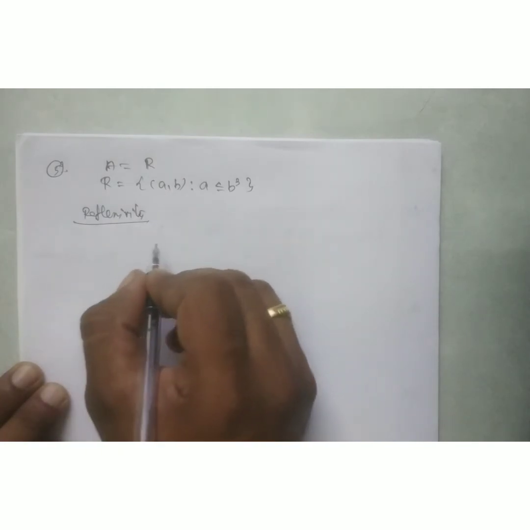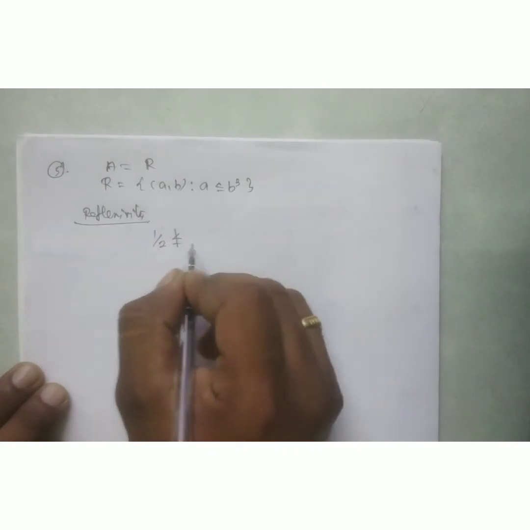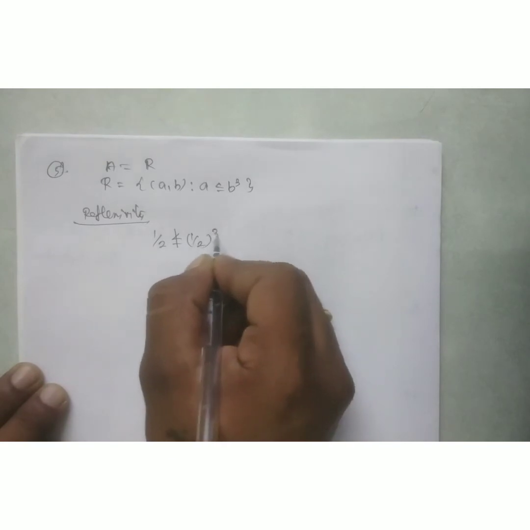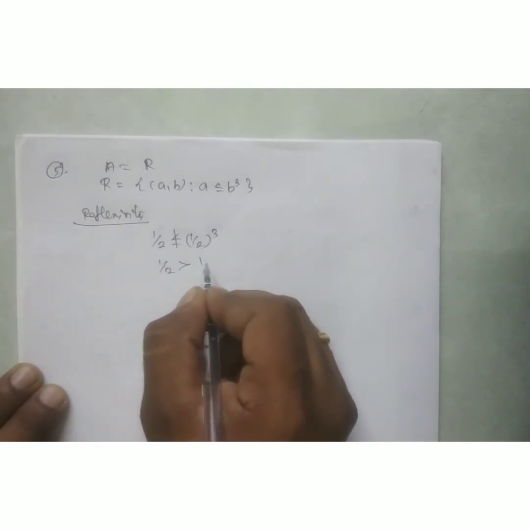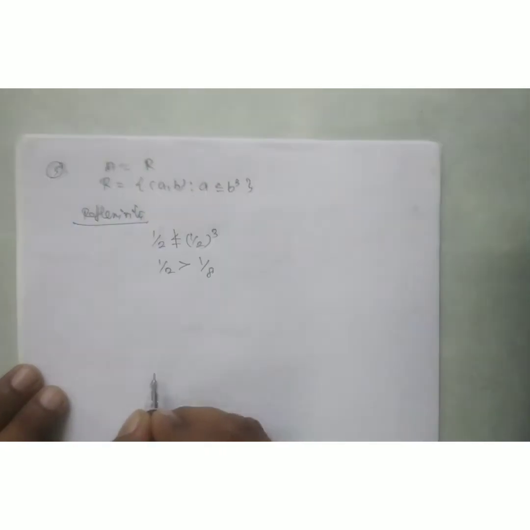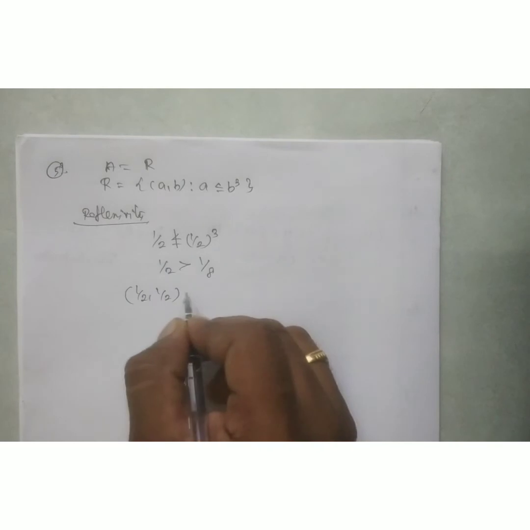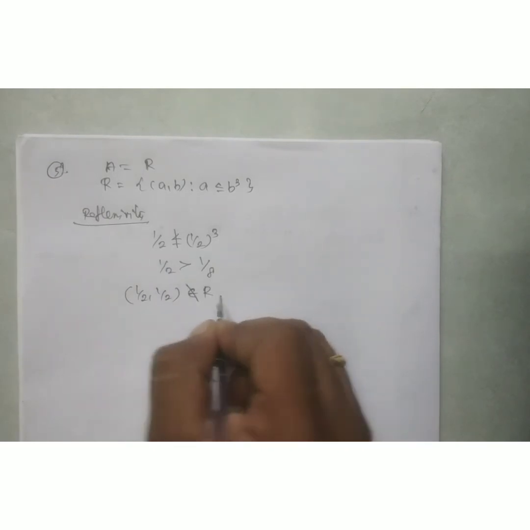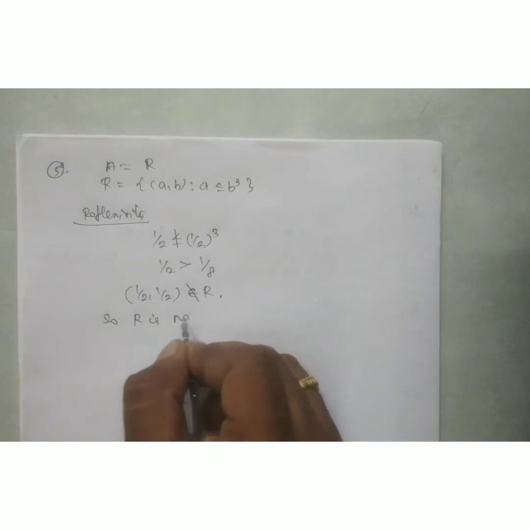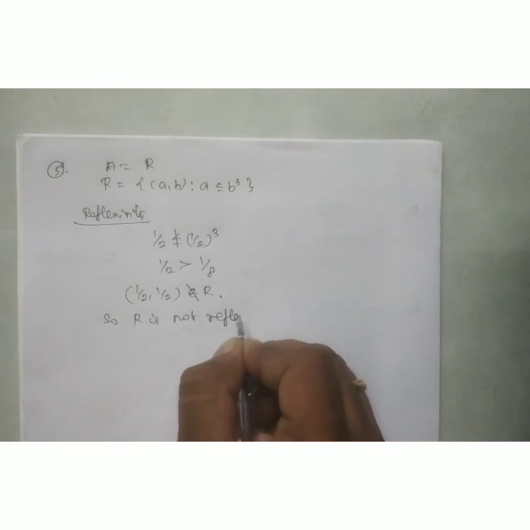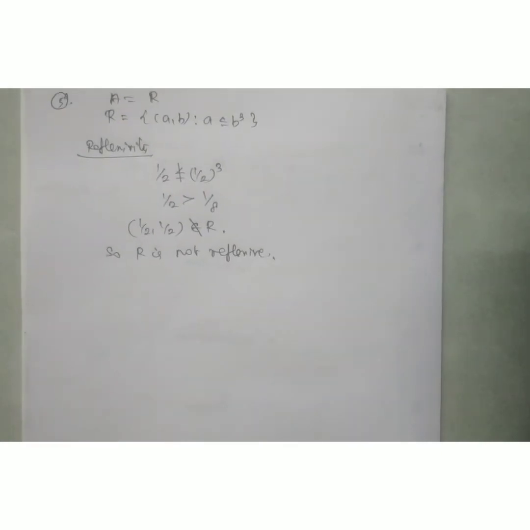Check whether, clearly we can say that 1 by 2 is not less than or equal to 1 by 2 whole cube, because 1 by 2 is greater than 1 by 8. So clearly 1 by 2 comma 1 by 2 does not belong to the relation. So R is not reflexive. Clear?